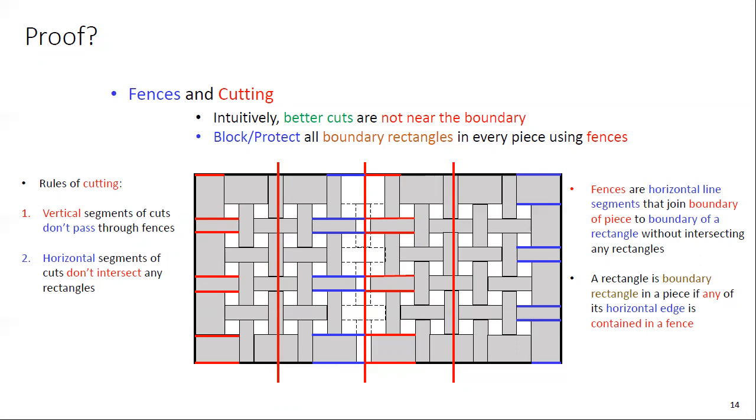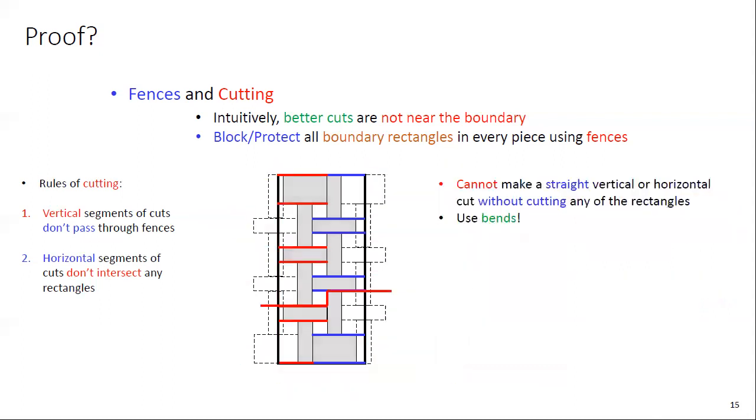Say I cut straight again like this. Now on these four pieces, I again have new fences and new boundary rectangles. Let's concentrate on one piece. Now we cannot make a vertical guillotine cut without intersecting a fence, right?